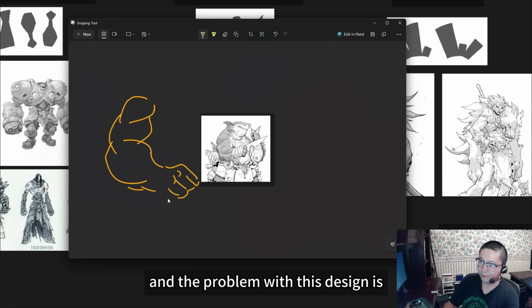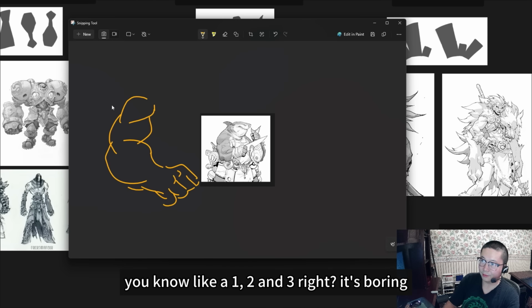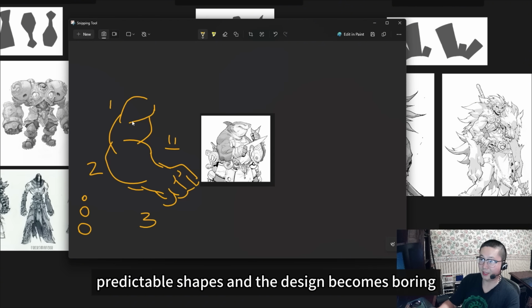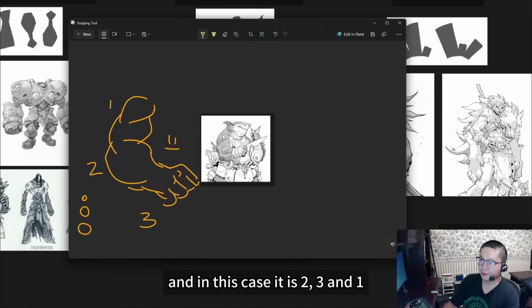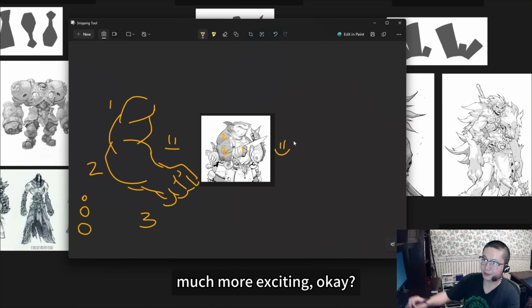And the problem with this design is you're pretty much doing a 1, 2, and 3, right? It's boring. Remember, we have predictable shapes and the design becomes boring. And in this case, it is 2, 3, and 1, much more exciting.